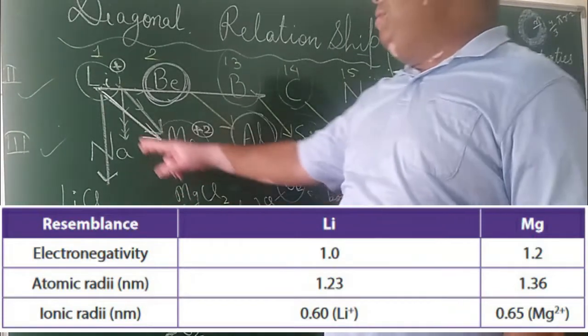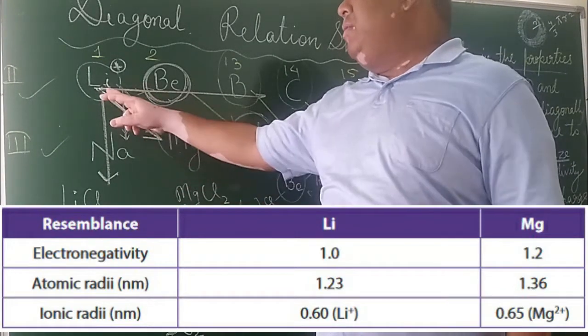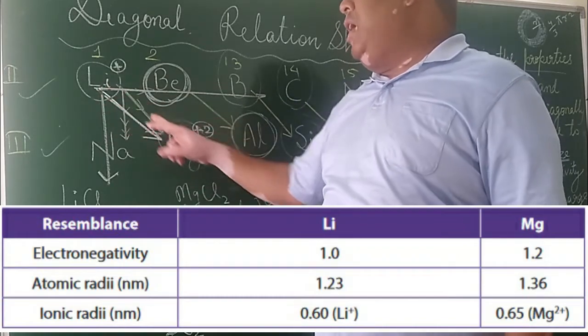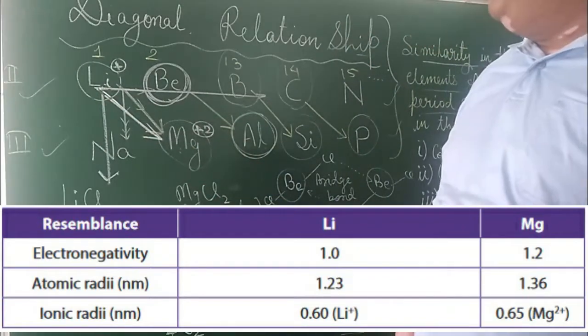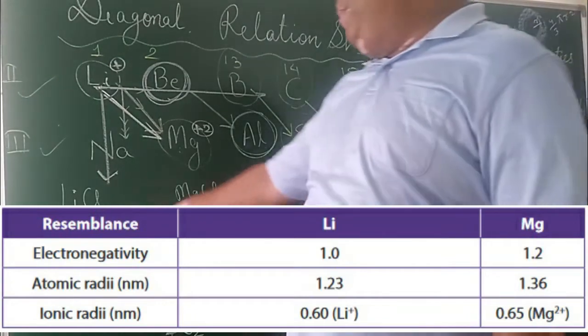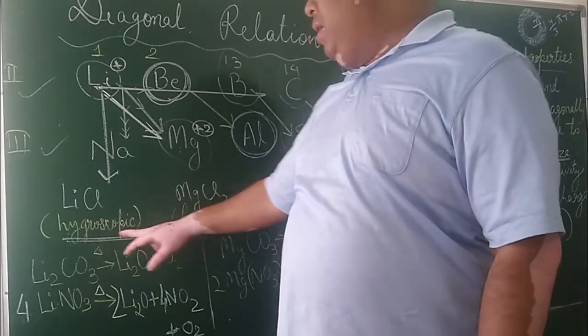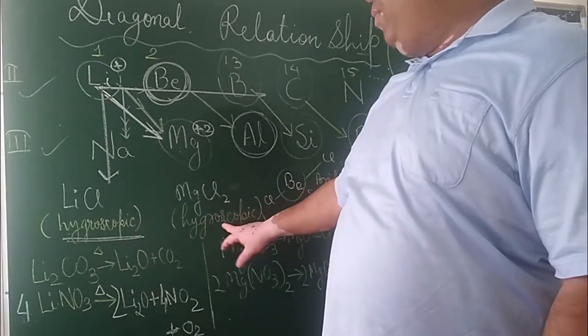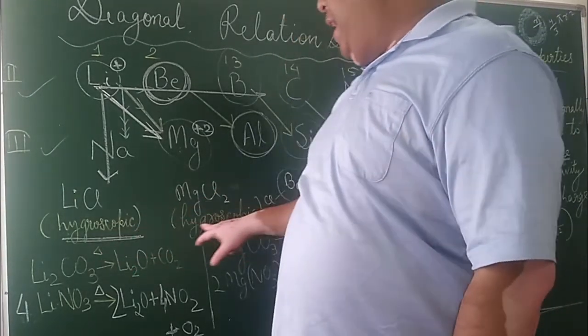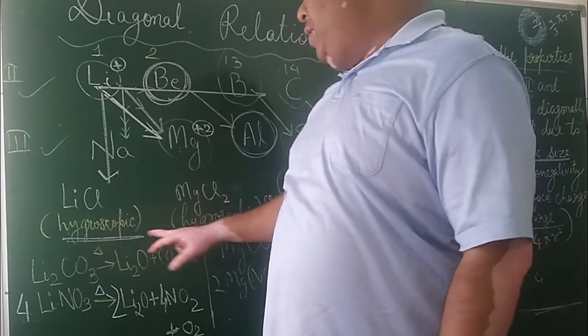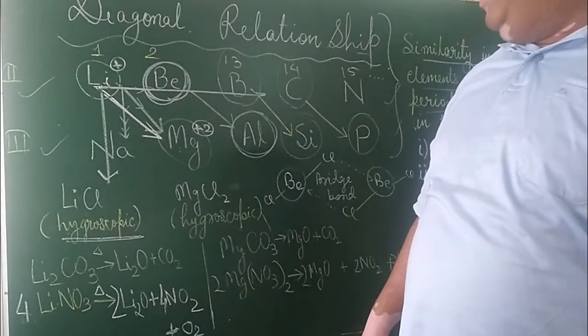Like lithium and magnesium, they are comparatively much harder than the rest of the elements in the group. If you compare their chlorides, lithium chloride and magnesium chloride, both of them are hygroscopic. Hygroscopic means they catch moisture from the atmosphere and become wet.